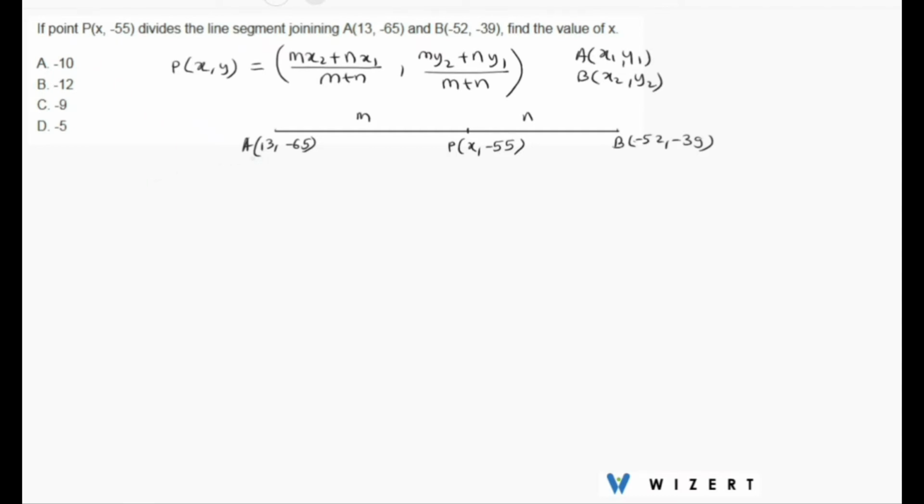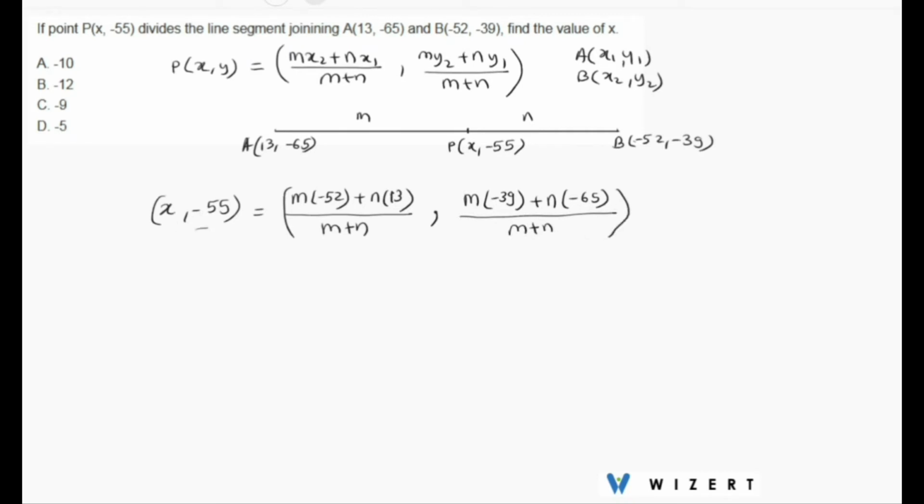So let's simply put these coordinates in the above formula. We get x comma minus 55 is equal to (m times x2, x2 is minus 52, plus n times x1, x1 is 13) divided by m plus n, and (m times y2, y2 is minus 39, plus n times y1, y1 is minus 65) divided by m plus n.